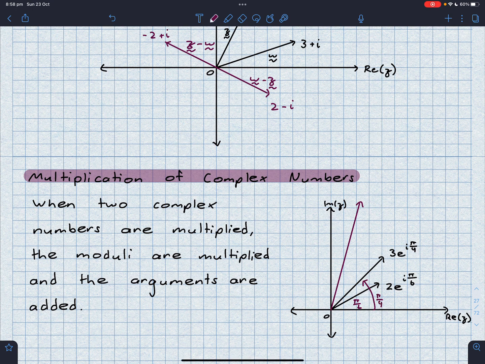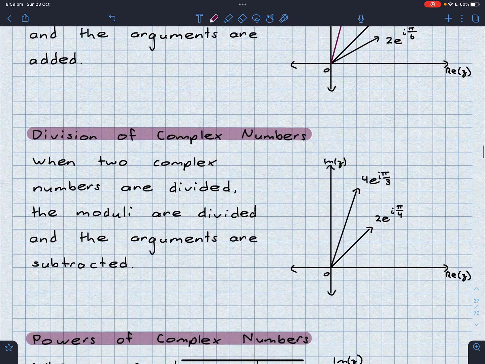And when I add them all together, I've got 5 pi on 12. So almost 6 pi on 12, which would be pi on 2, which would sit right on the imaginary axis. So I multiply the moduli, so however long those vectors are, I multiply that together. And all I do is add the arguments. So I just add those two angles from the real axis to work out where my vector will be positioned.